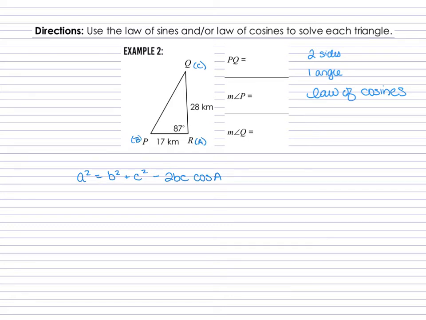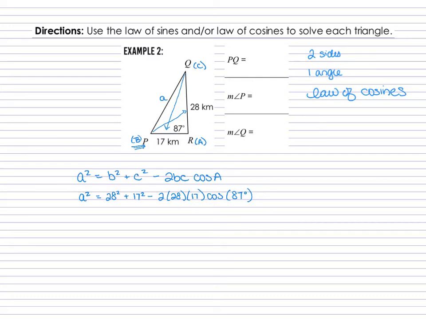So a squared is the side that I'm going to solve for, which is going to be this one over here, equals, in this case, if I've labeled vertex P as B, side B is the one that's across, so 28 squared, plus C is the one that's across from angle C, 17 squared, minus 2 times, we're going to use 28 again, use 17 again, cosine of the angle that we have, which is 87 degrees.